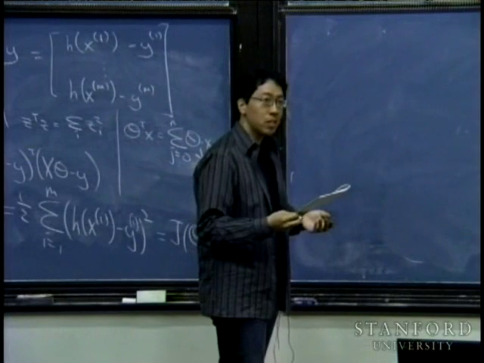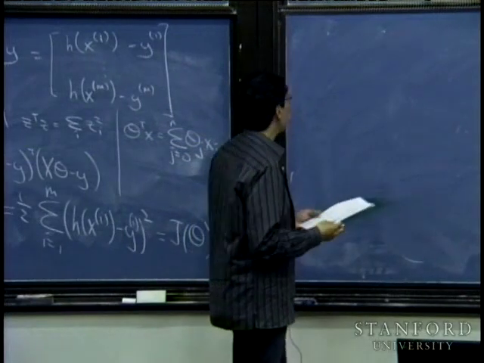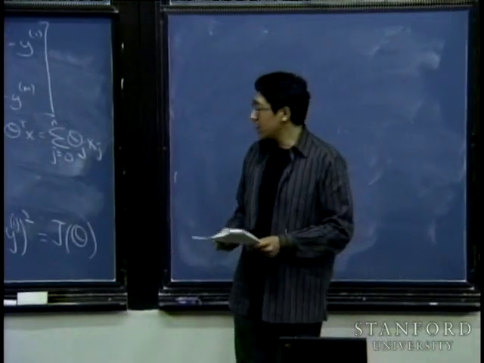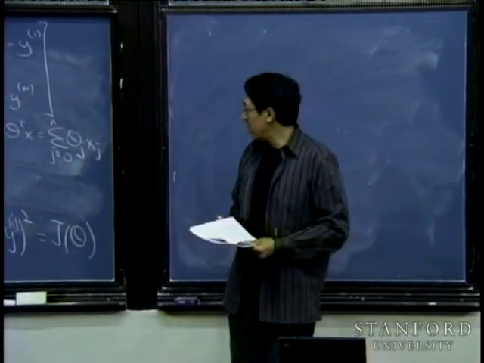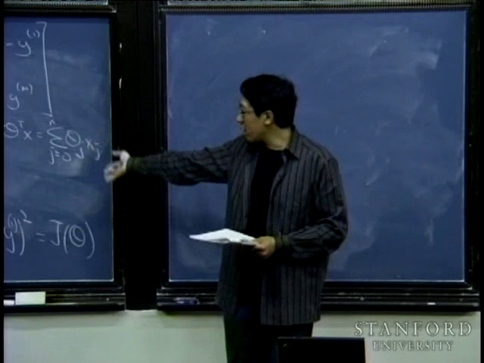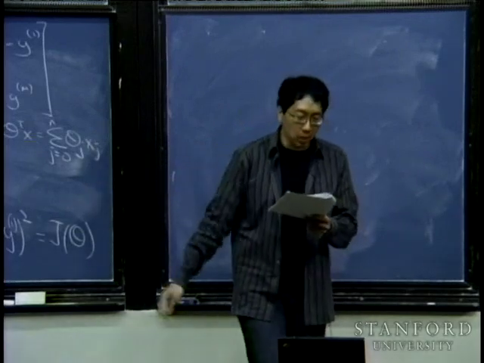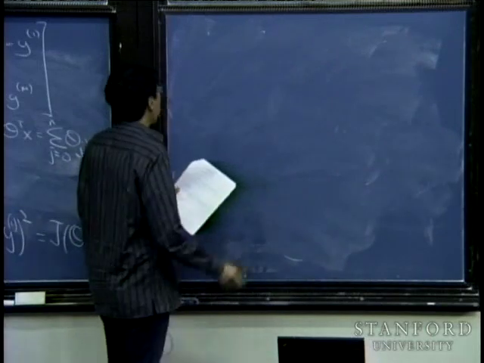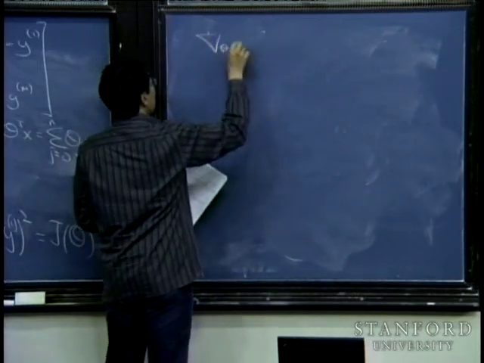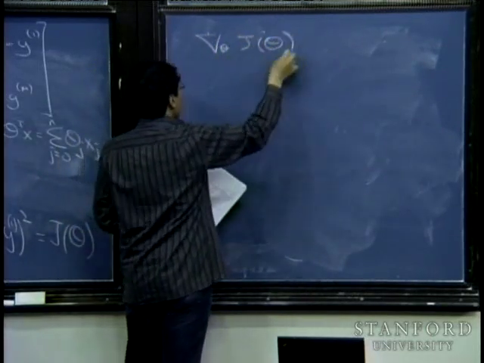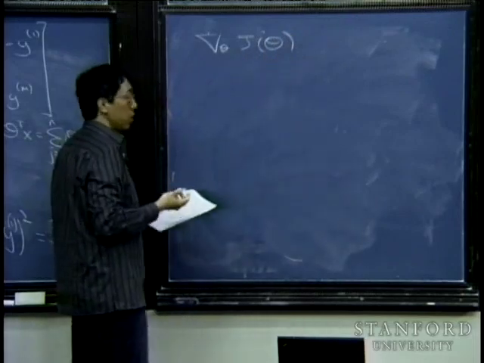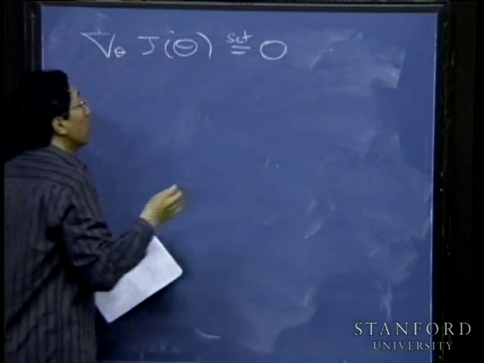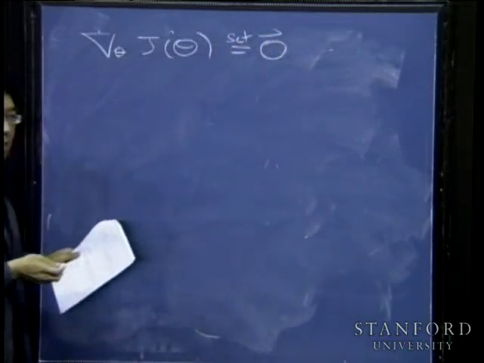So we're actually nearly done with this derivation. We'd like to minimize J of theta with respect to theta. And we've written J of theta fairly compactly using this matrix vector notation. So in order to minimize J of theta with respect to theta, what we're going to do is take the derivative with respect to theta of J of theta and set this to 0 and solve for theta.